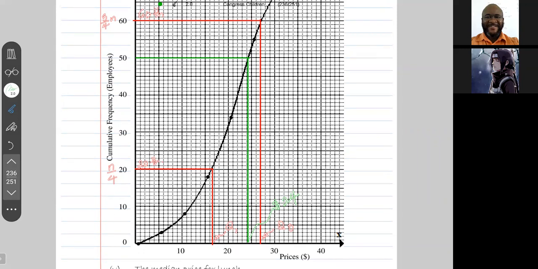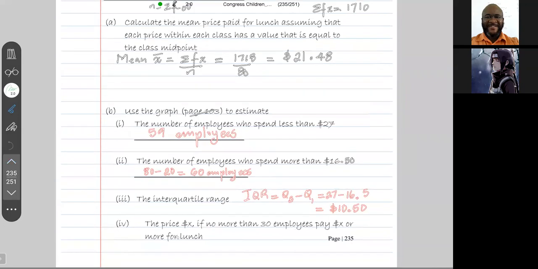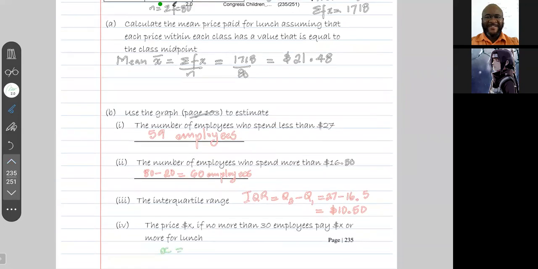So X, guys, is $24, the price that no more than 30 people pay more than for lunch.